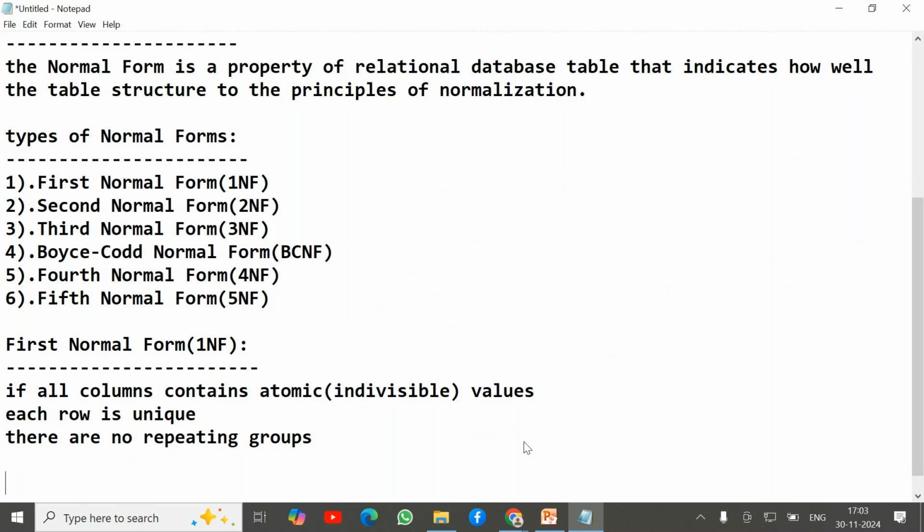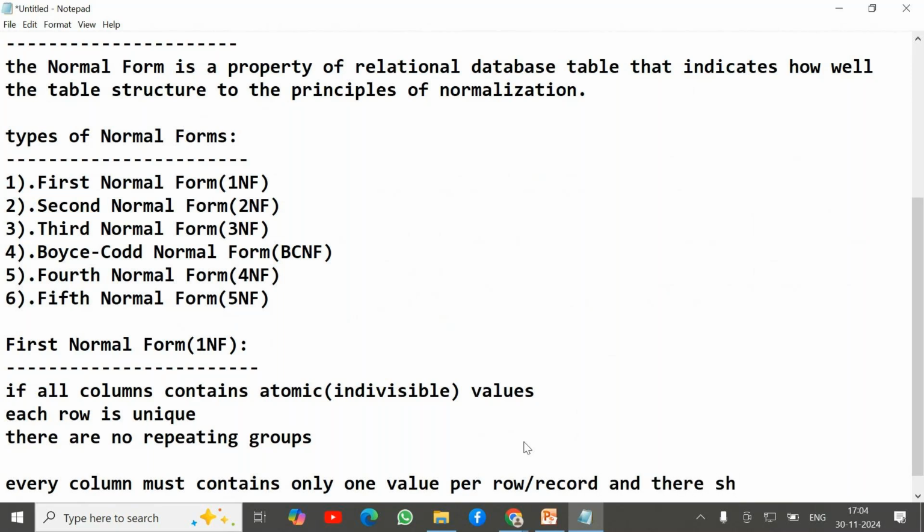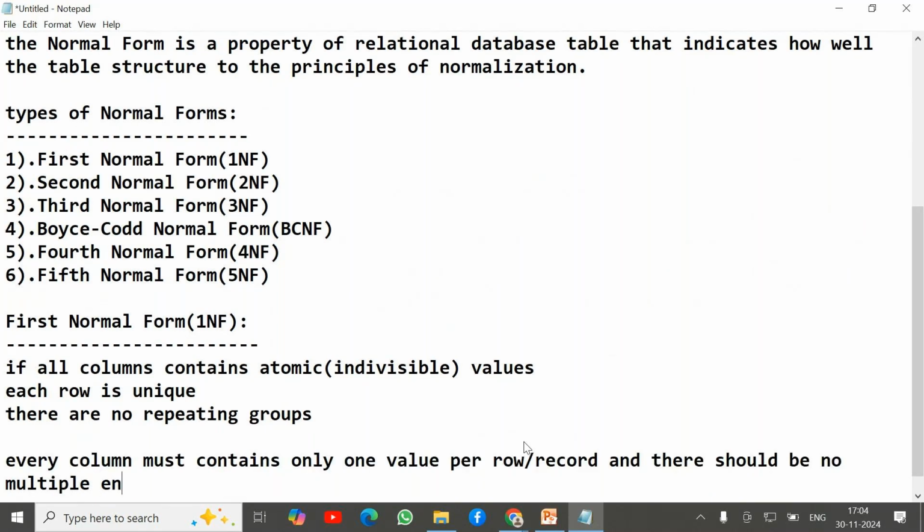Every column must contain only one value per row or record, and there should be no multiple entries or set of values in any column.